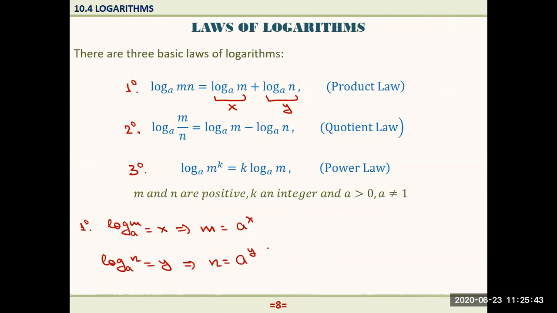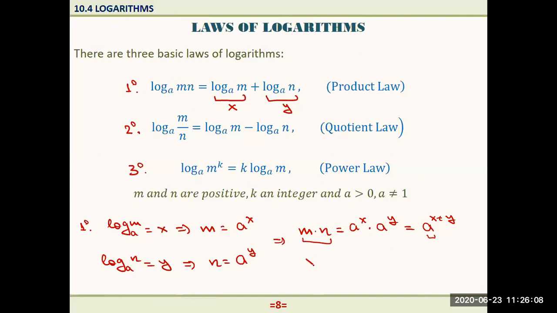Now, if I multiply both sides, here we have m times n. What is m? m equals a to the power x, n equals a to the power y. And using the exponents, we can write it as a to the power x plus y. Now using again the definition of logarithm, we have something equals something to the power of this.